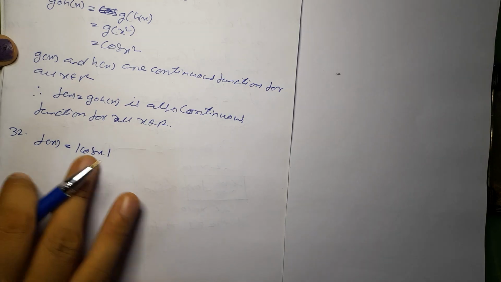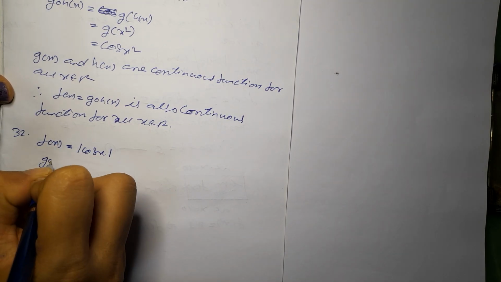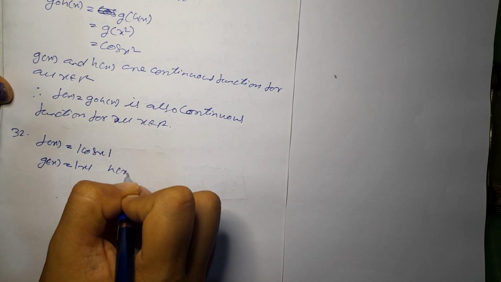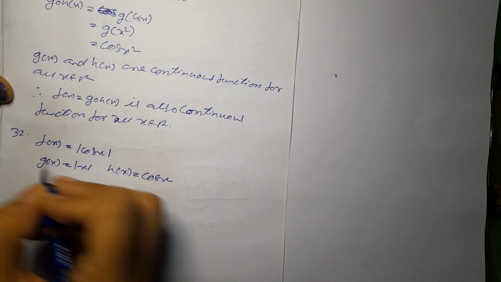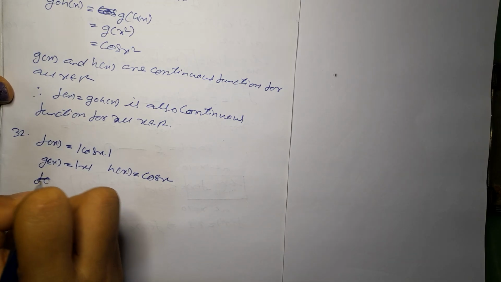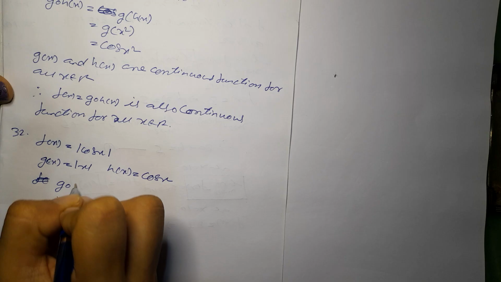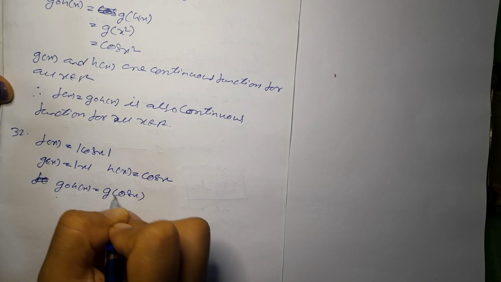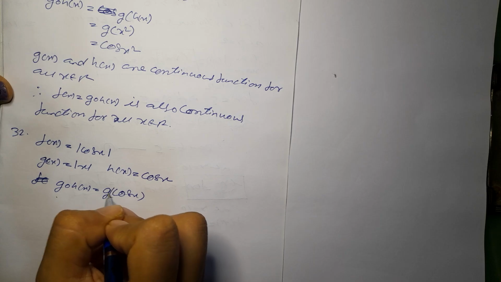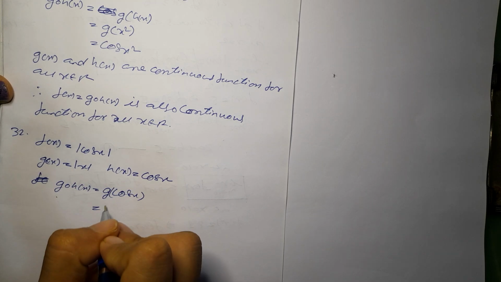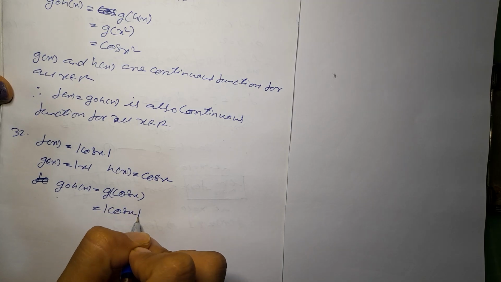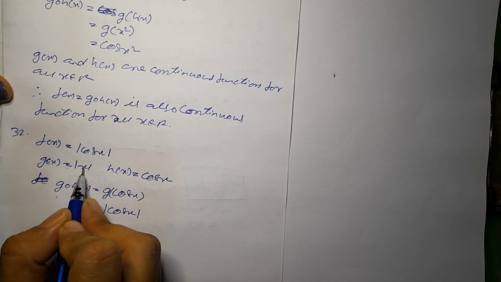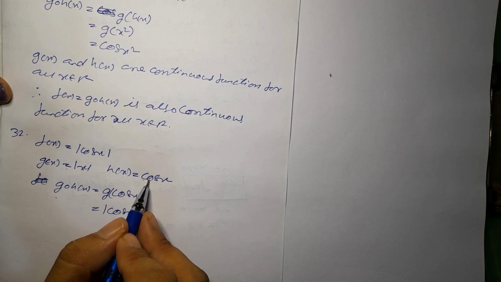So we are going to consider g of x as the modulus, that is modulus x, and h of x as the continuous function cos x. So f of x will be g of h of x. So g will be as it is, and h of x is cos x. Now g of cos x, g is modulus, so it will give modulus cos x. Therefore g of x is continuous because the modulus function is continuous and the trigonometric function is also continuous.